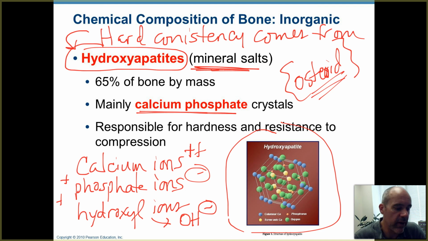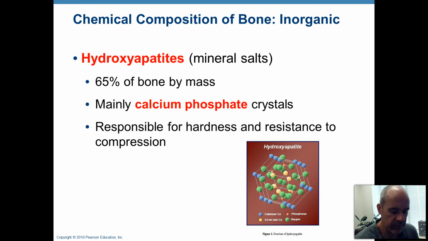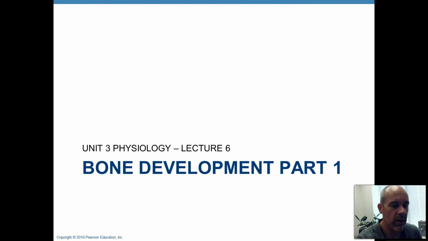You'll see those different terms used. Ossified, that's another term you'll see. Tissues become ossified. They've converted over to bone. Lots of OS words in this particular unit. All right, so that was just a little bit more about the extracellular matrix composition of bone and what you have there.